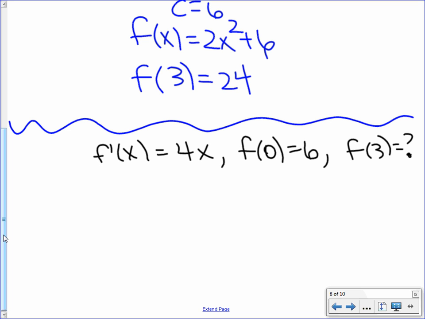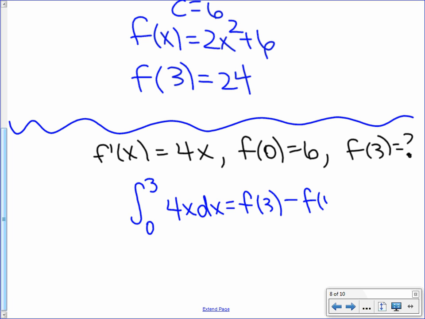So we know that the integral from 0 to 3 of 4x dx should equal our function at 3 minus our function at 0. Write it down.